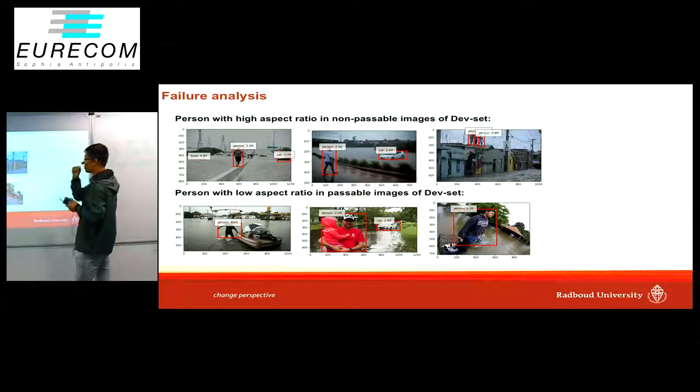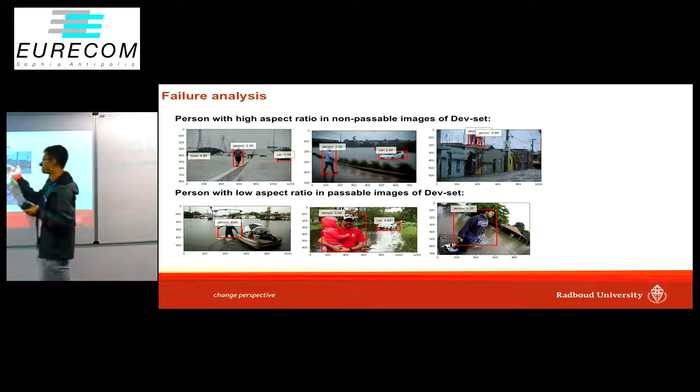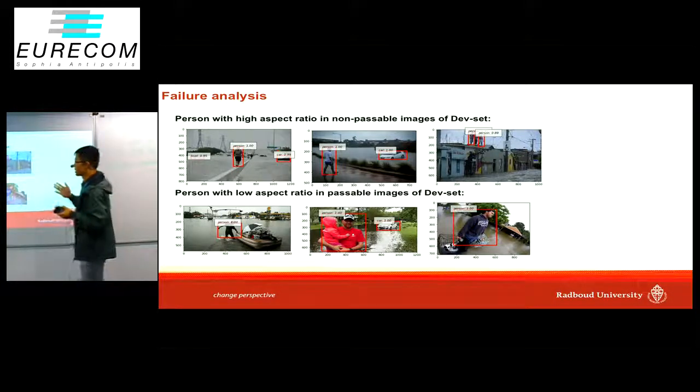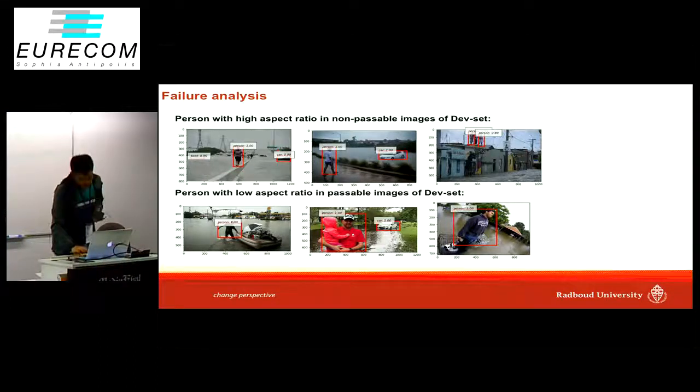From these images, we can also observe that the fusion of the local features and the global features would further benefit the classification. But in this approach, we only use separate local features or global features. We didn't do any fusion of the features.